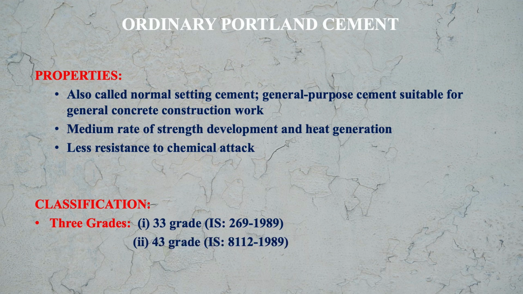The specifications of this cement are given in IS 8112:1989. Next is 53 grade OPC cement. Specifications of this cement are given in IS 12269:1987. So these are the 3 main grades of the cement.